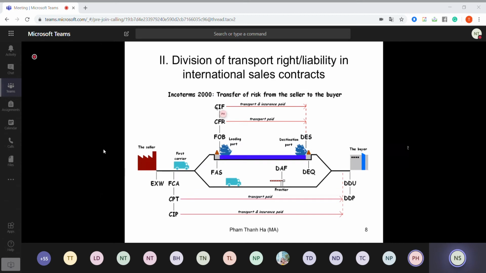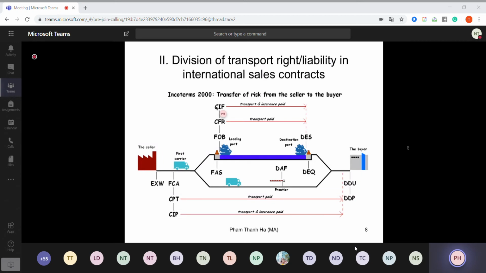So let's analyze one by one. First of all, I totally agree with you that regarding the difference between the CIF and CIP, the most important one is the mode of transport. For the CIF, of course, you have to use maritime transport or sea freight.